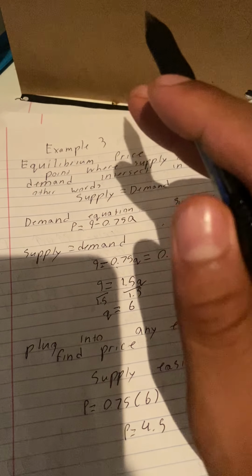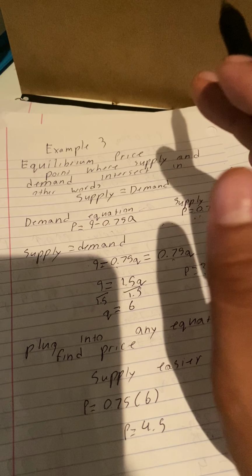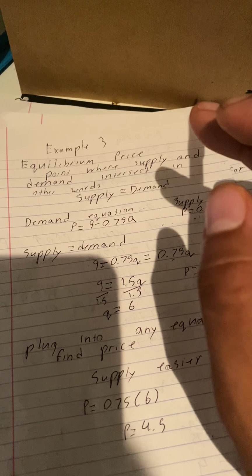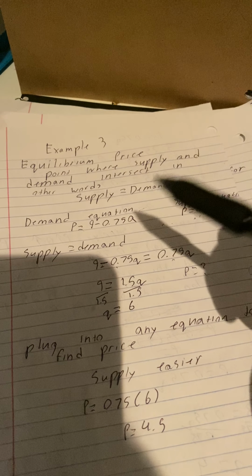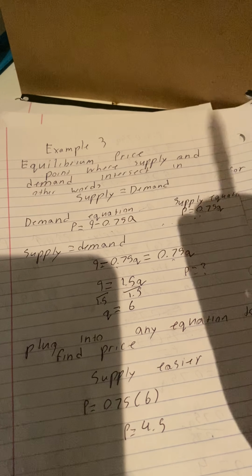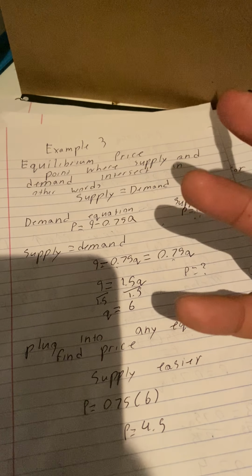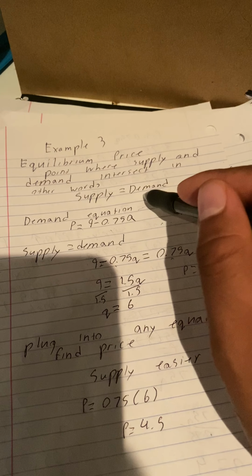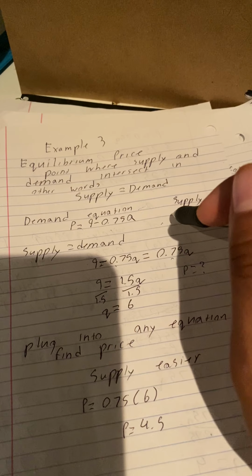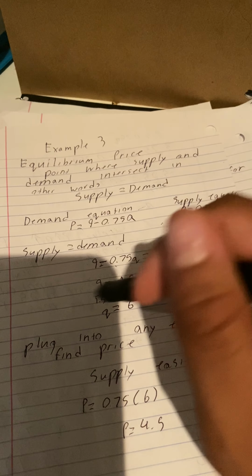Equilibrium. We know that the equilibrium is when supply equals demand. We know that. And we know that we're given a demand equation and we're given the supply equation. So we can connect the two dots. If supply equals demand and we're given the two equations, why not set them equal to each other?